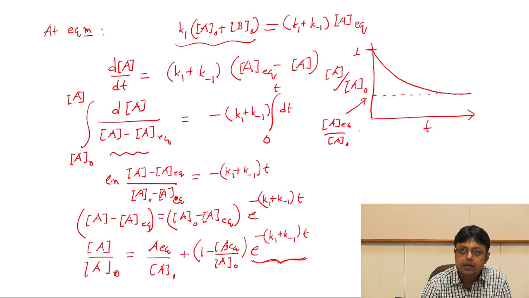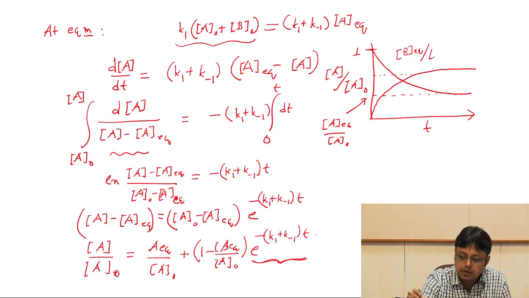And similarly, the B concentration will increase. Initially, if you think that the B concentration was 0, it will start from 0, although we did not take B to be 0, but we can always put B0 to be 0, and then that will increase and reach an equilibrium value for B, which will be B equilibrium by A0, since we are scaling everything with respect to A0.